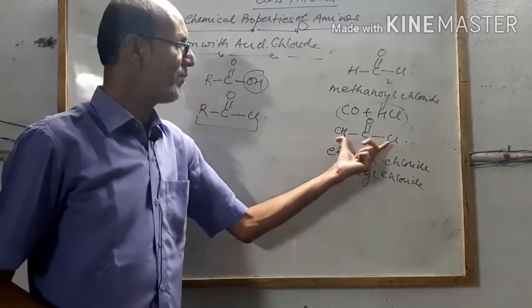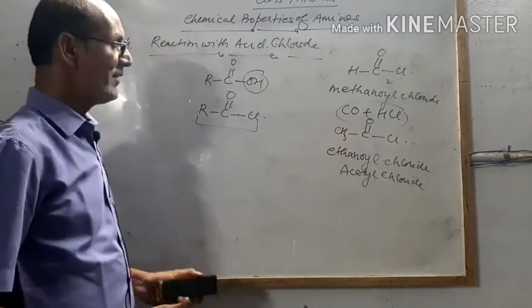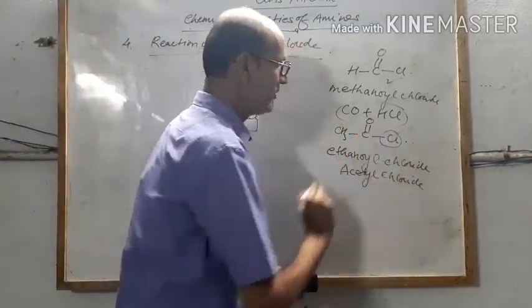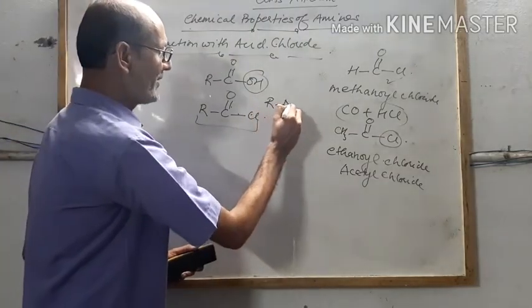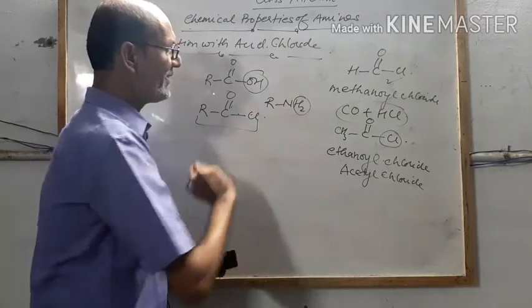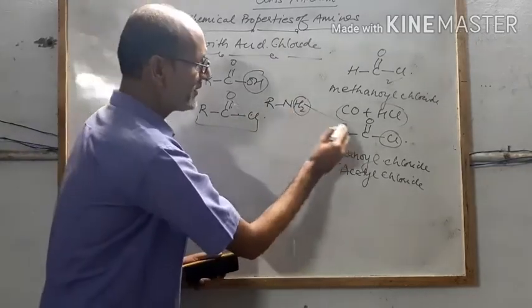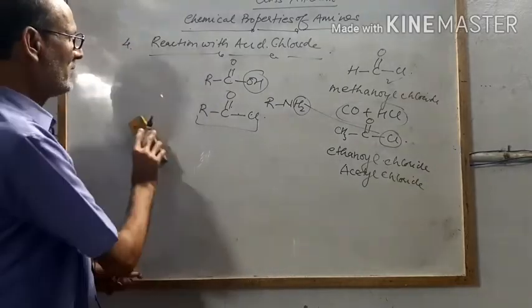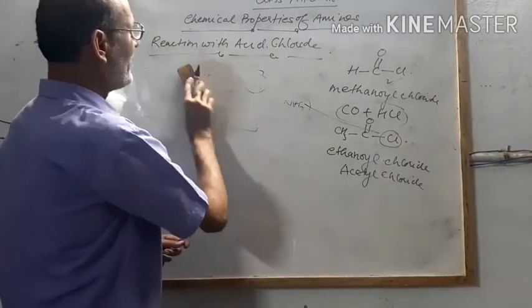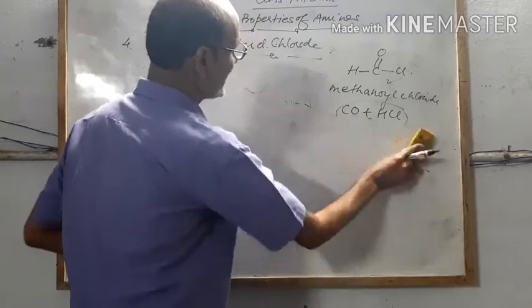When this compound reacts with an amine, this Cl will be removed, and of the 2 hydrogens of the amine, 1 hydrogen forms HCl. So I am writing the reaction of amine with acid chloride.